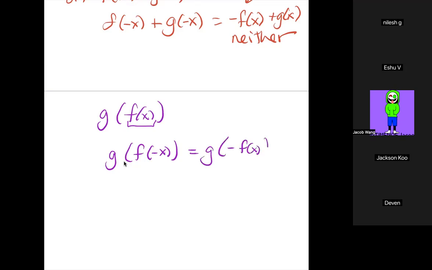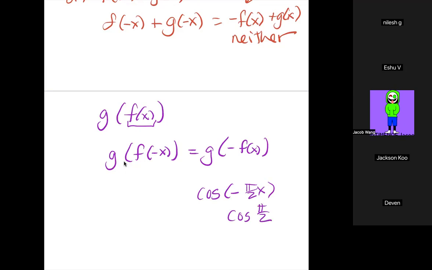So now think about when we would have cosine of negative something inside, like cosine of negative pi over 2x. That would be the same as cosine of the positive, right? Because cosine's even. The same is true here.